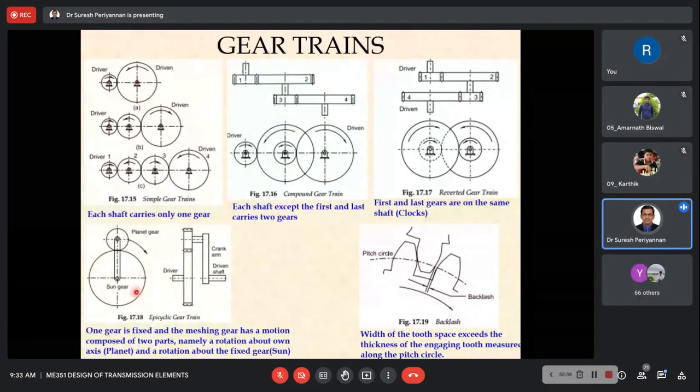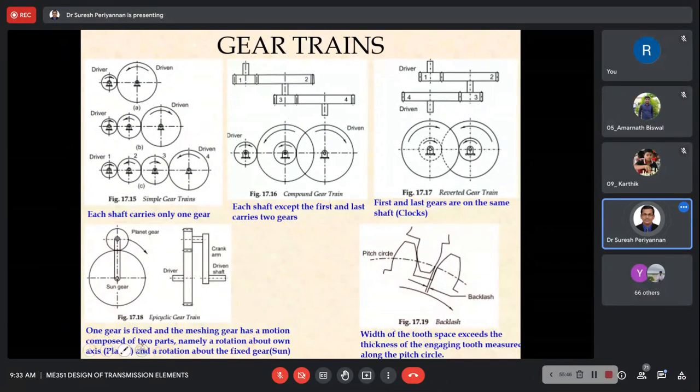Now this is the epicyclic gear train. One gear is fixed, and the meshing gear has motion composed of two parts. This one is a fixed gear, like a sun gear, which you might have studied in your KOM subject. This is the planet gear.